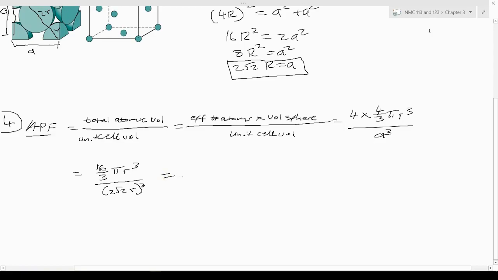When the radii cancel each other, you're only left with 16/3 pi over (2√2) cubed. And then you'll use your calculator to calculate the value there. That value should give you the atomic packing factor for an FCC crystal structure.